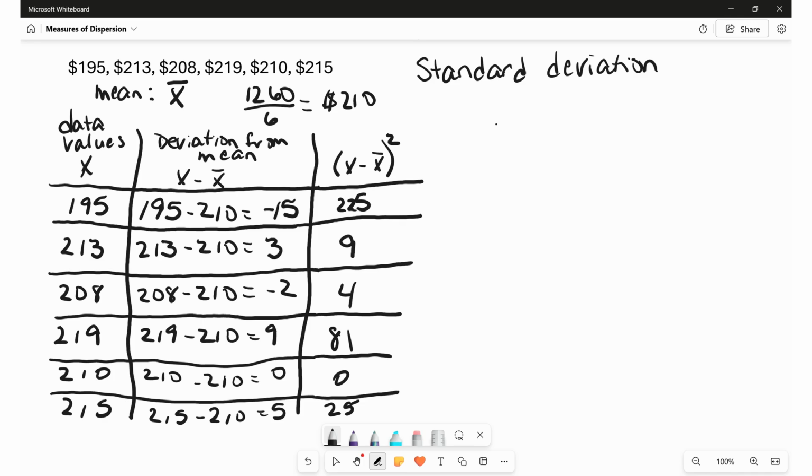And you're going to see this crazy looking E. This is sigma, and it means sum. So we're going to find the sum of all of these deviations squared. So all we're doing here, we're adding 225 plus 9 plus 4 plus 81 plus 25. And that gives us 344.